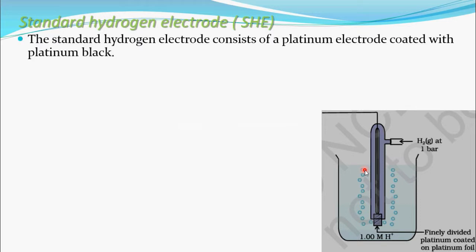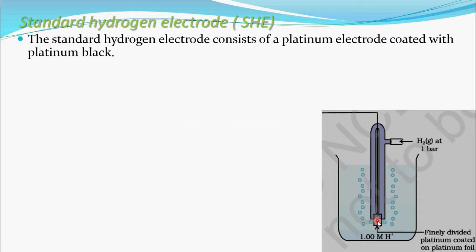The standard hydrogen electrode consists of a platinum electrode coated with platinum black. This rectangular plate is the platinum electrode.